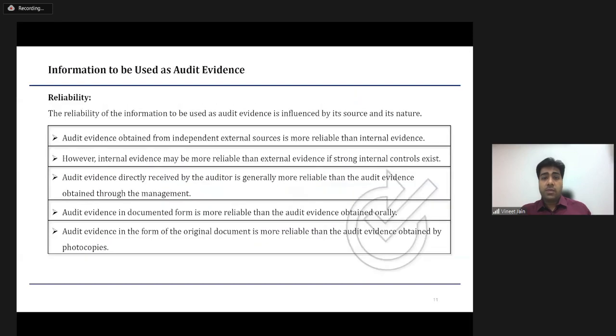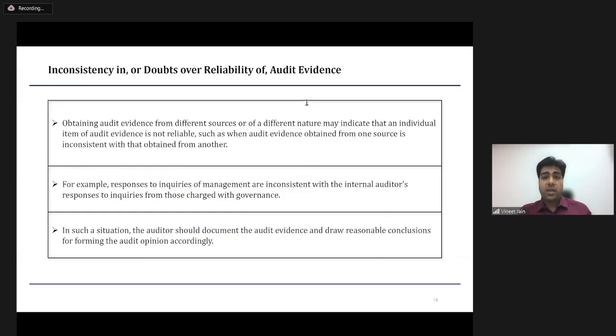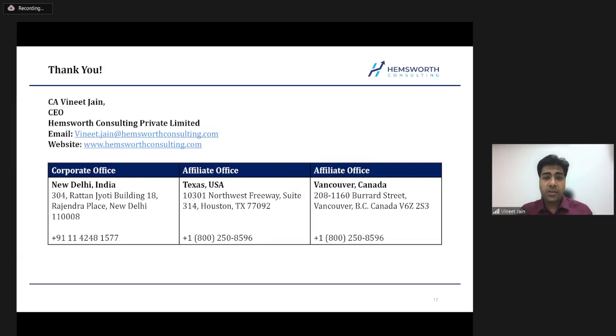So this was about SA 500 on a broad level, and that is all from my side in today's deliberation. I hope this discussion on SA 500 was a useful one, and I was able to explain all the points in an effective way.